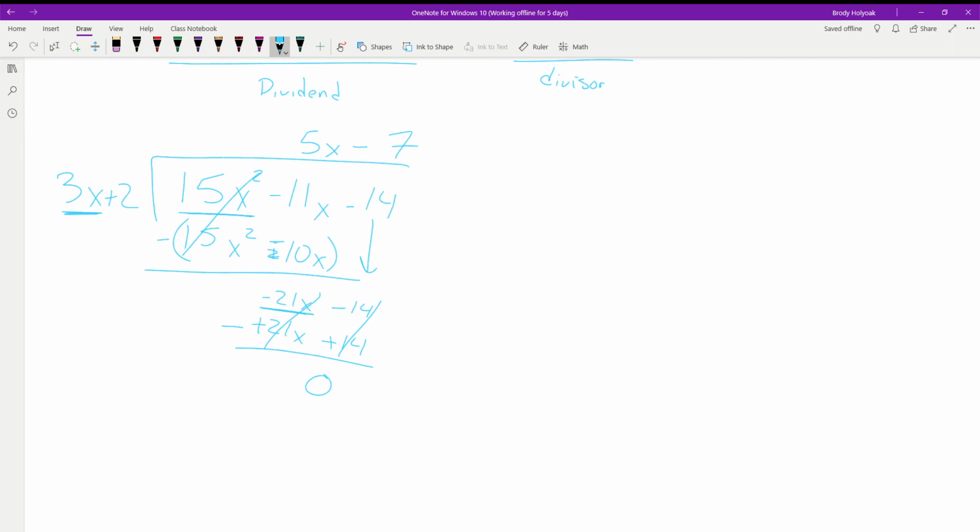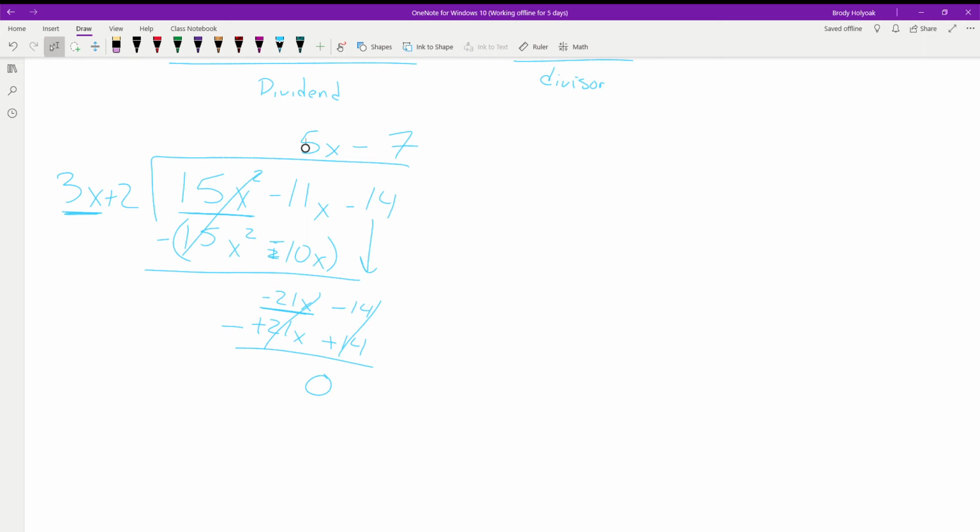So basically the rules that we have: look at the largest term for both the divisor and the dividend, which is here and here. What do we need to multiply to get those largest terms to be equal, or as close as we can without going over? We put that value up here in the quotient.